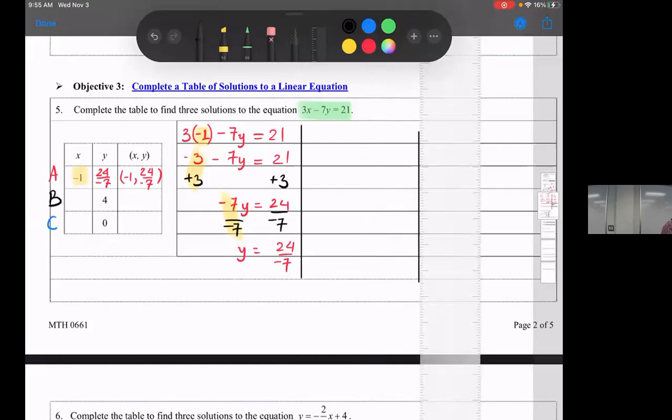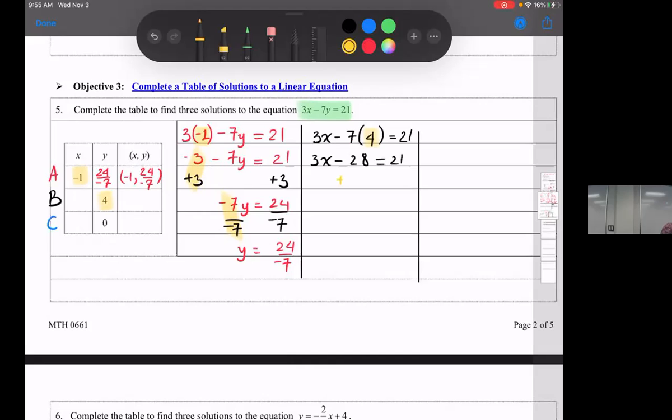All right. The second one: 3x is what I'm looking for. So it's 3x minus 7 times parentheses equals 21. The parentheses I replace with 4, that 4 right there. So 3x minus 28 equals 21. Add 28 to both sides.